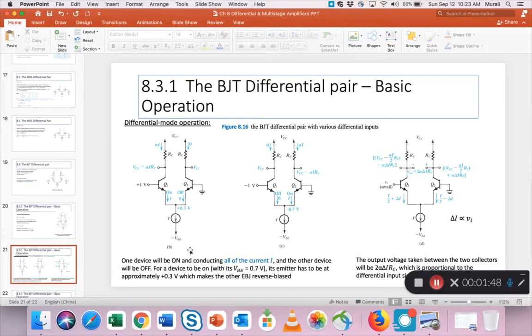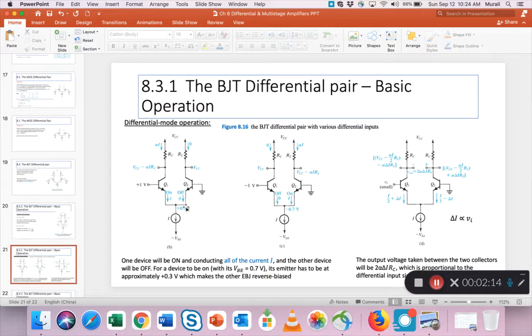So for a device to be on with its VB equals 0.7 volts, its emitter has to be approximately 0.3 volts, right? So if this has to be on, its emitter is at 0.3 volts. We know that is the condition for active operation.